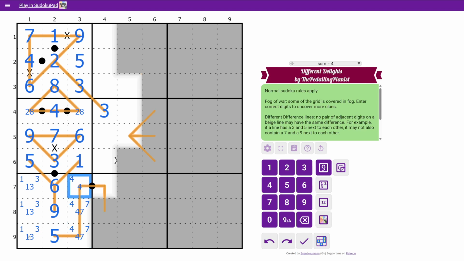So this is 2, 4, or 8 only. And this will be a 1, 4, 2, or 8.